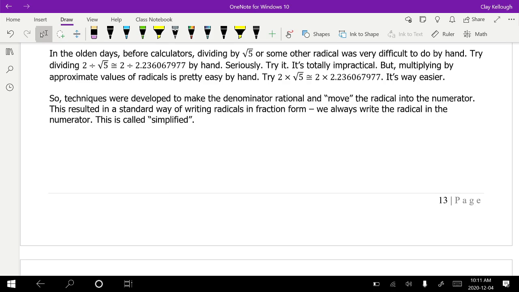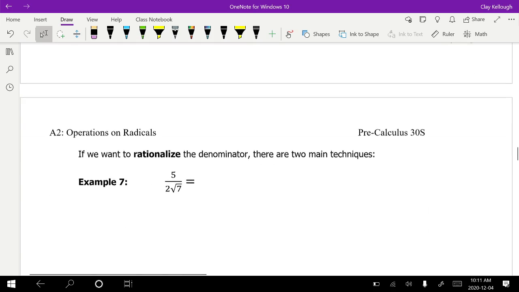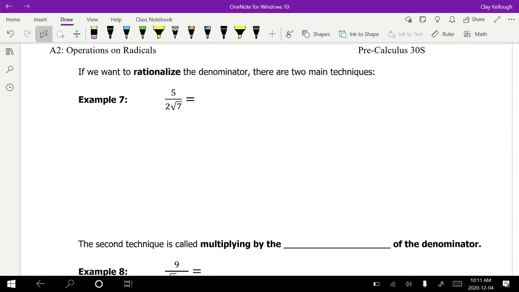And even though several devices on you right now probably have calculators, it's still kind of a drag to divide by a radical if you can avoid it. So we say that is not simplified. I want it to be simplified. How do I simplify it?